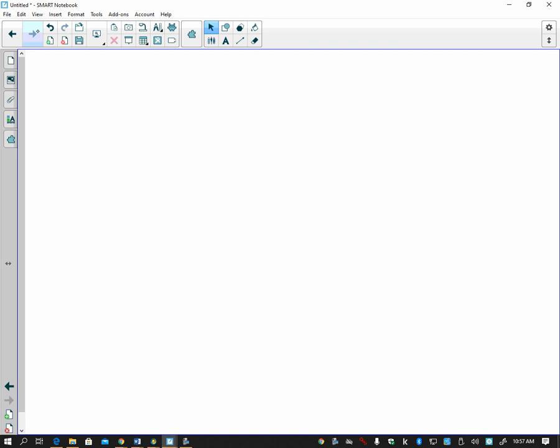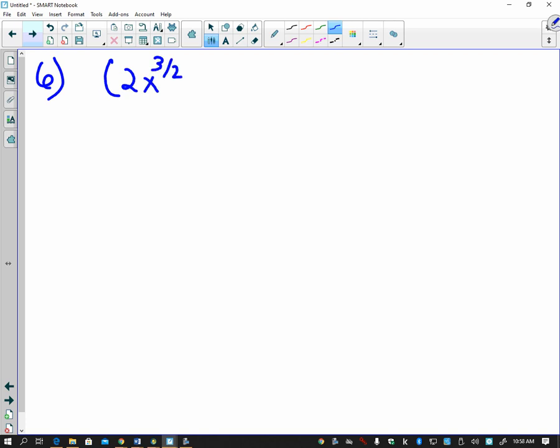It's number 6. Simplify. Okay, we got 2x to the 3 halves minus 3y to the 5 halves times 2x to the 3 halves plus 3y to the 5 halves.